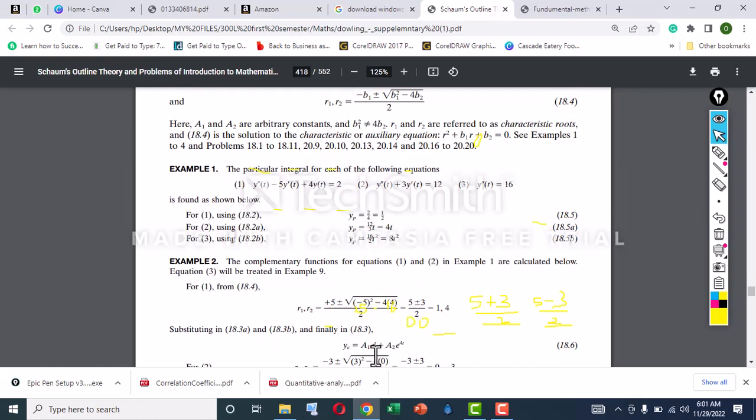So it is 4 that will come first for me, because we did plus first, not minus first. We are going to have A1 e raised to power 4t, plus A2 e raised to power 1t, which is the same as t. This one will come first, this one will come second.